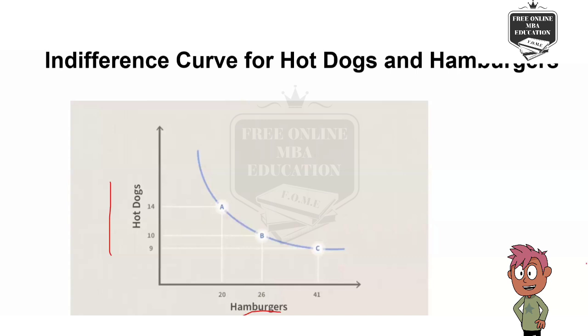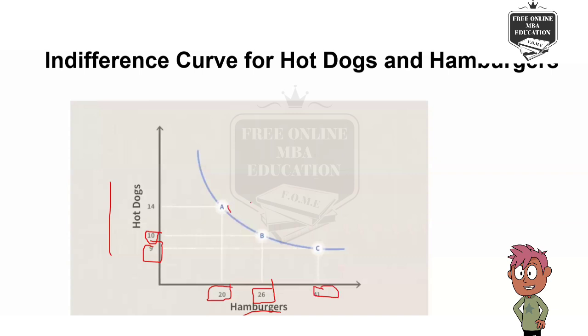Now there are various combinations of balances. You can choose to buy 14 hot dogs, and with the money that is left, you can buy 20 hamburgers. Or you can buy 10 hot dogs because you like hamburgers more, and with the remaining money, you can buy 26 hamburgers. You can even reduce the hot dogs to 9 to buy 41 units of hamburgers.